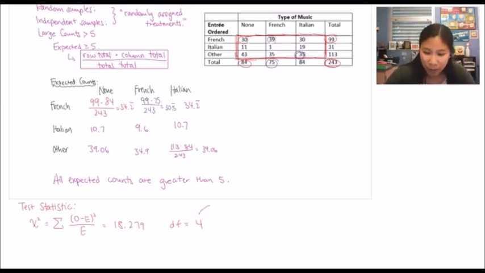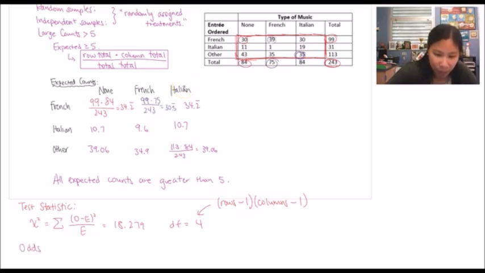The formula to actually calculate the degrees of freedom is also different than before. Take your rows minus 1, multiply it by columns minus 1. Our data set here had 3 rows and 3 columns, so 2 times 2 is 4. That's how we're calculating our degrees of freedom.